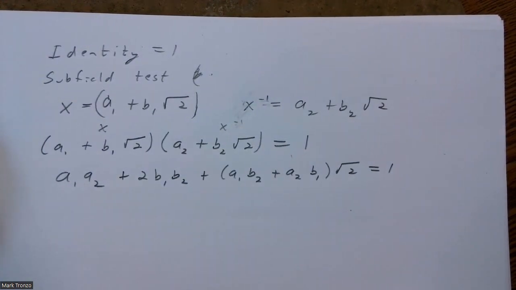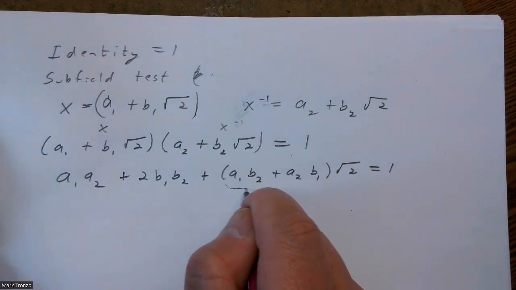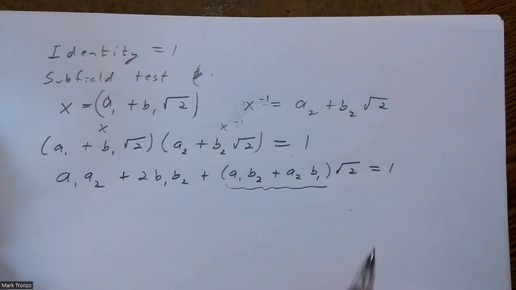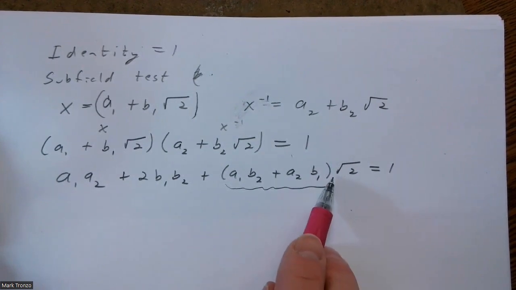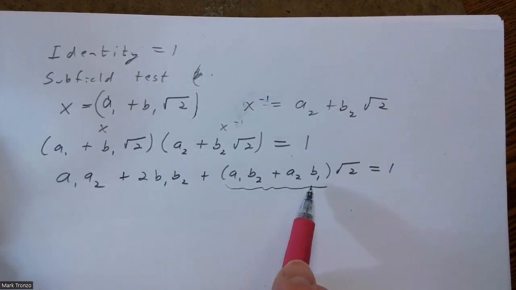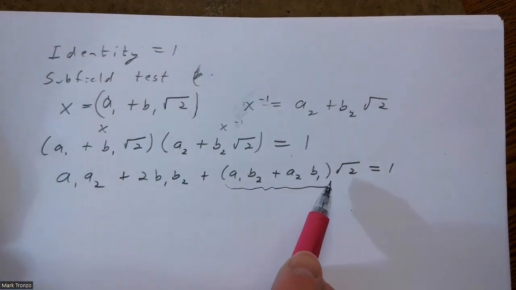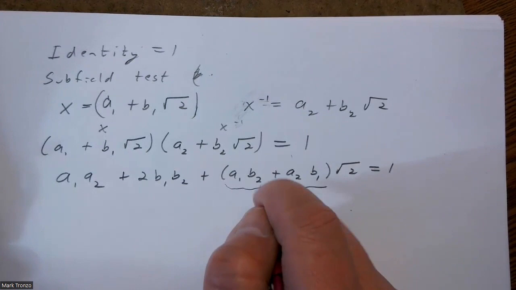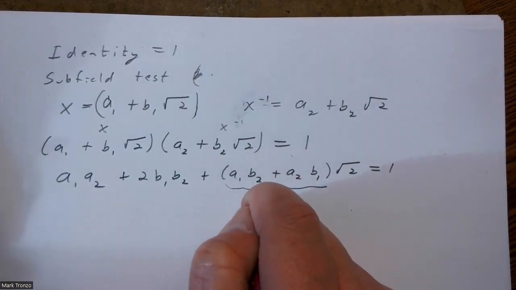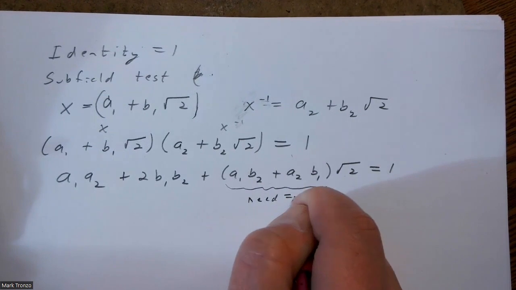And so for this to work out to be 1, obviously, the first thing we're going to have to do is this has to be 0, doesn't it? Because we can't have a square root of 2 here. Well, the other possibility would be for this to be 1 to have a square root in it that would cancel, but these are just integers, so that's not possible. So we need this to be equal to 0.